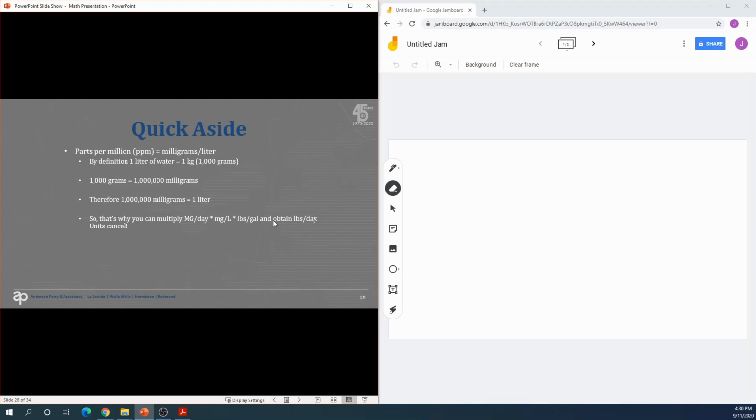So a parts per million is the same thing as a milligrams per liter. So by definition, 1 liter of water is equal to 1 kilogram or 1,000 grams. That's how much 1 liter of water weighs, 1,000 grams. 1,000 grams is equal to 1 million milligrams. Therefore, 1 million milligrams is equal to 1 liter.